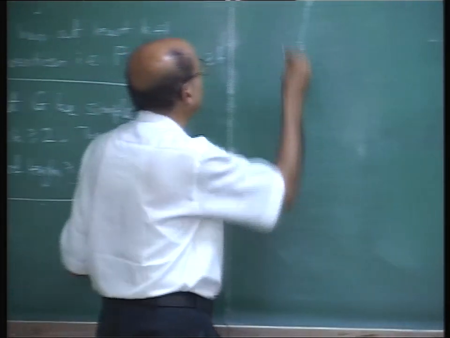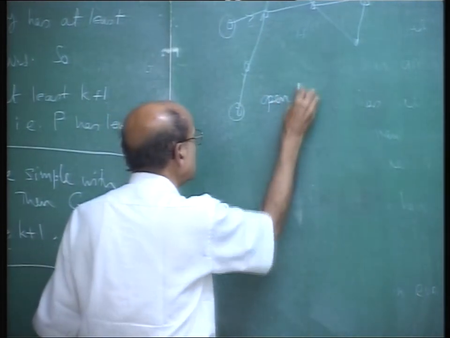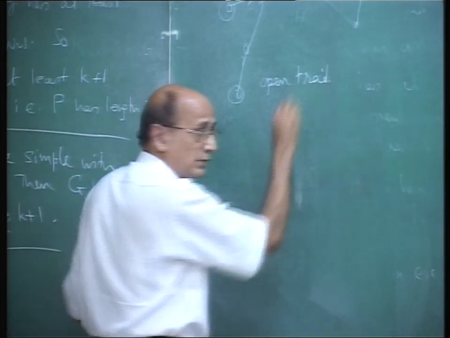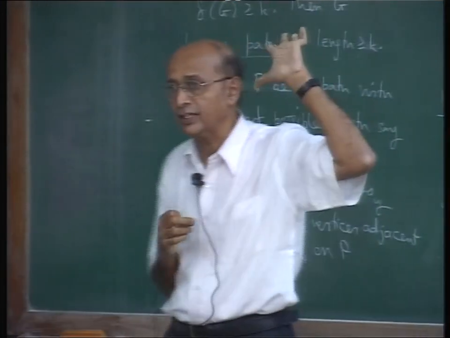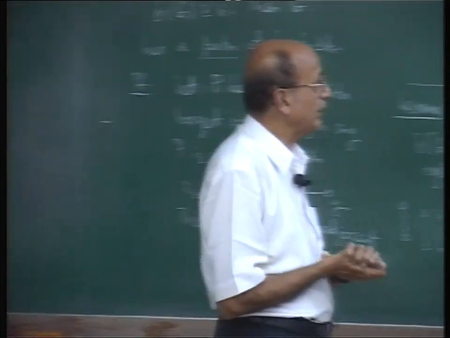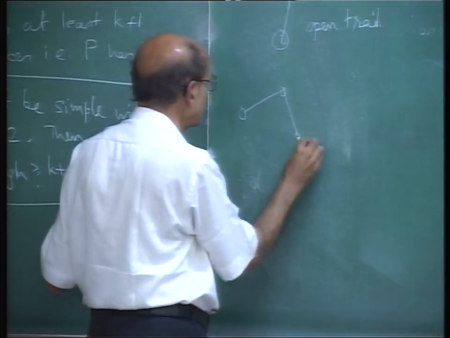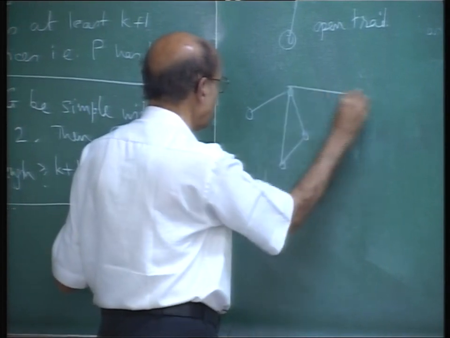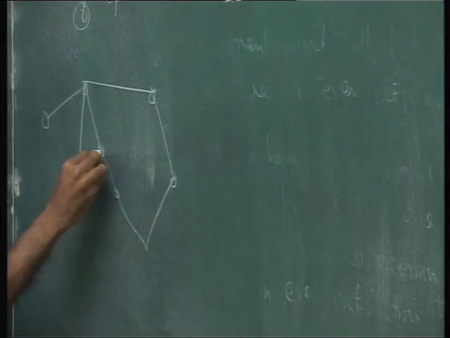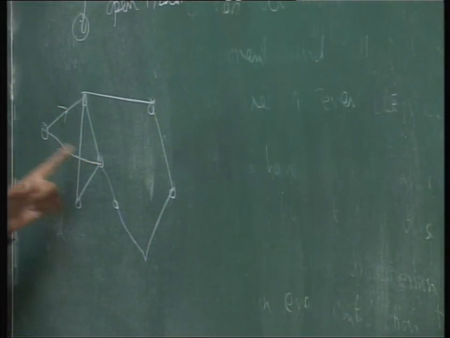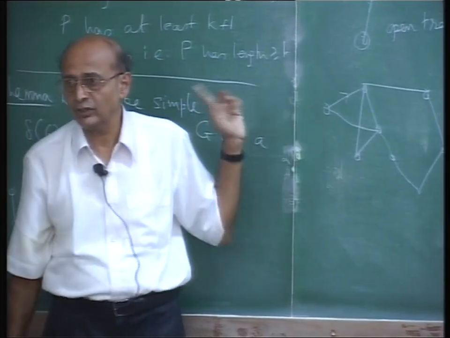This is what one would call an open trail, because it begins at some vertex and ends at some other vertex. So it's called open. As opposed to that, you could have a closed trail. A closed trail is closed because you started at this vertex and came back to the same vertex.